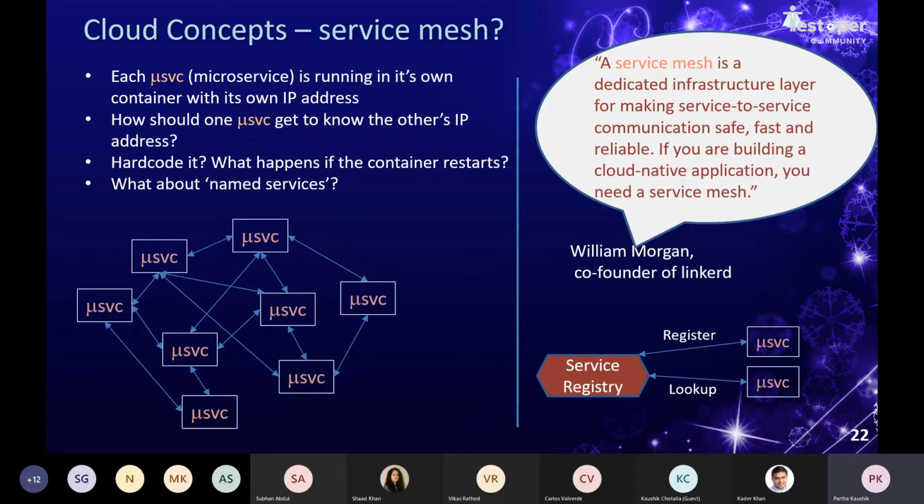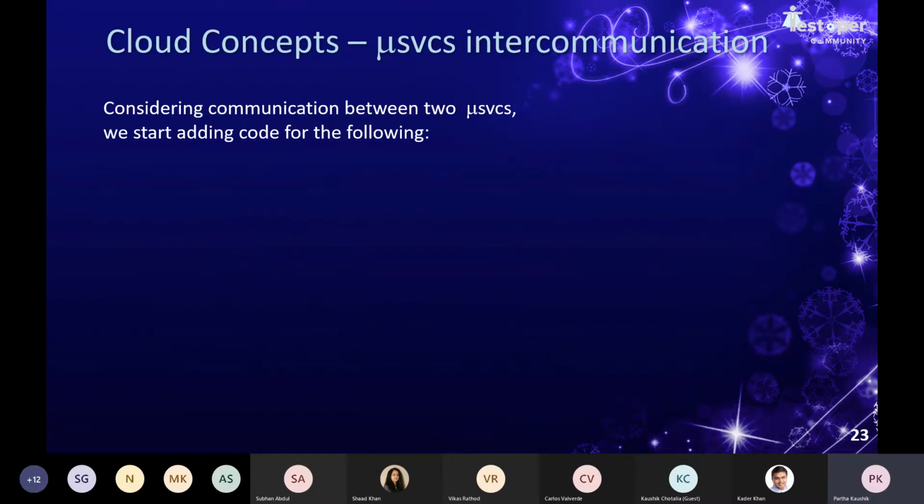A service mesh will typically consist of a service registry, where any microservice that is set up will register itself, and any microservice that needs the services of another will look up in the service registry the location and how to reach it. For microservice-to-microservice communication, you need resiliency and retry logic.